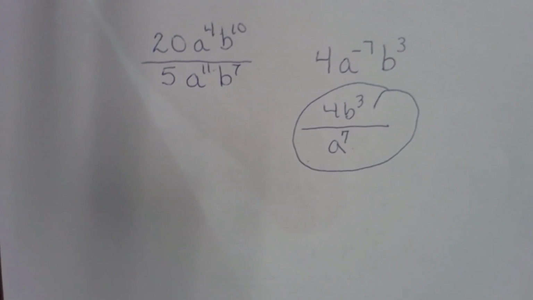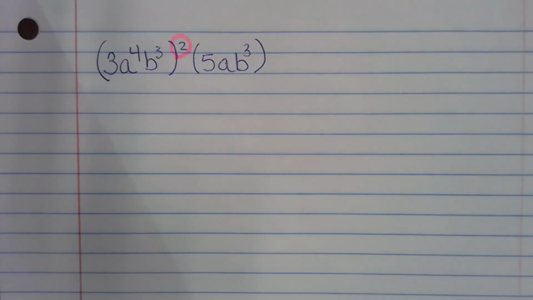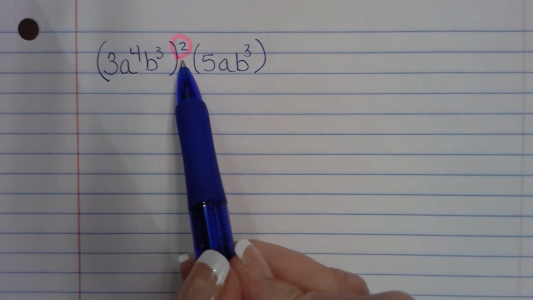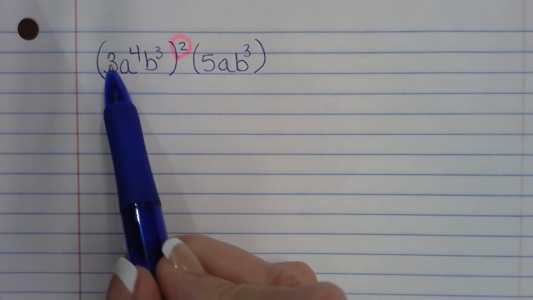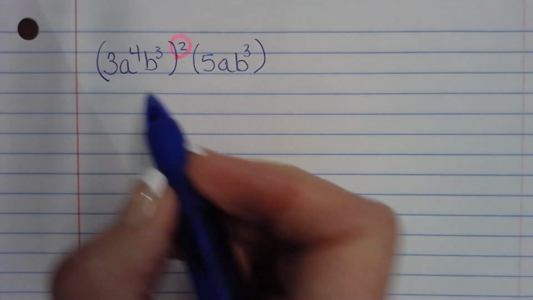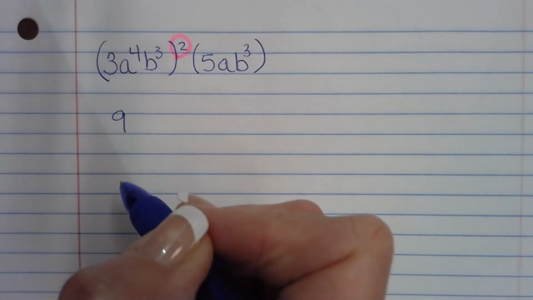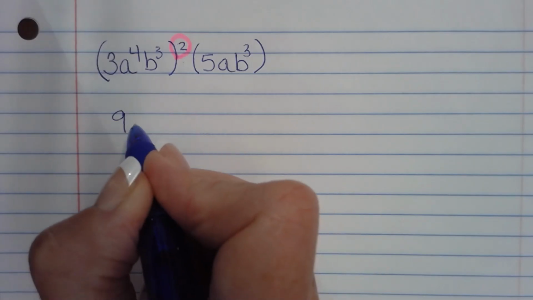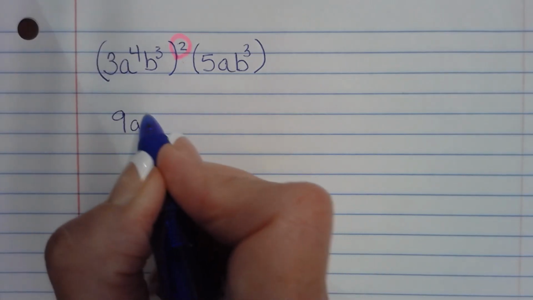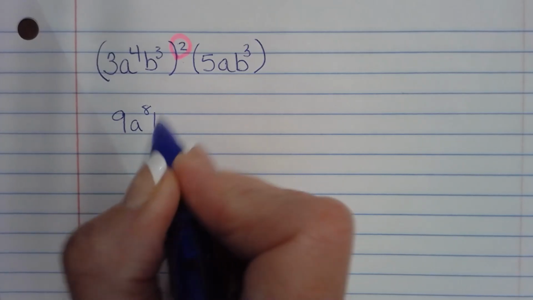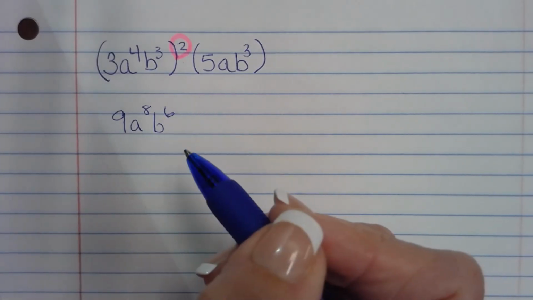Okie dokie. So we're going to do some Delta Math for probably about 20 minutes, okay? We always want to be doing power to a power first. This is not 3 times 2. This is 3 squared. That's 9. The A, we're multiplying powers. 4 times 2 is 8. On the B, 3 times 2 is 6.